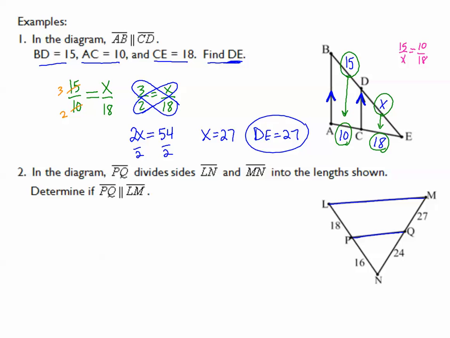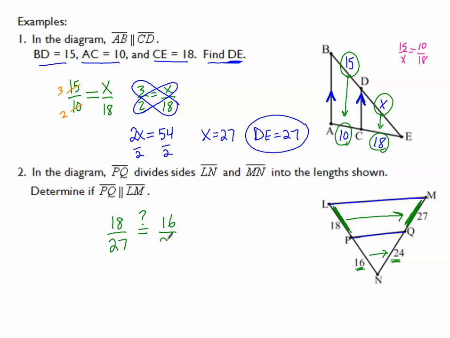So if we go in an organized manner, little piece on the left, we could put with little piece on the right, going left to right. So that would put 18 over 27. The question is, is it equal to going left to right along the bottom, 16 and 24? Little piece on the bottom, little piece on the bottom, left to right, as long as we're going in the same order.